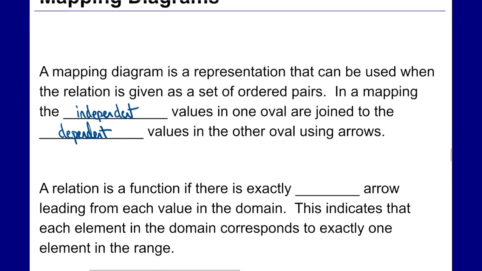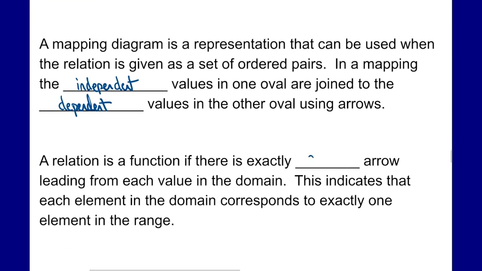A relation is a function if there's exactly one arrow leading from each value in the domain or independent. This indicates that each element in the domain corresponds exactly to one element in the range.